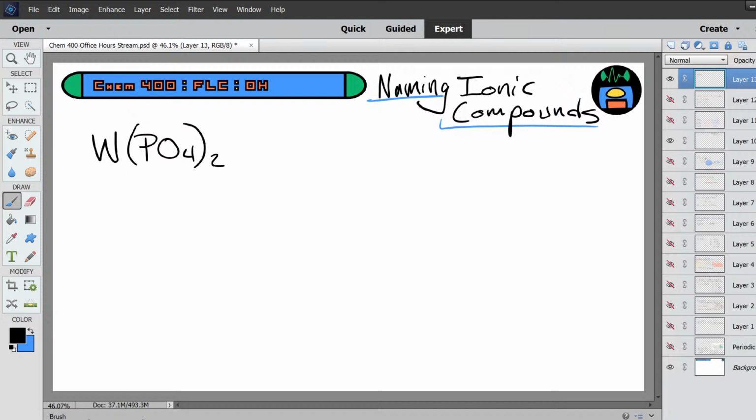All right. Our cation is W. This stands for the transition metal tungsten. And because it's a transition metal, its charge is part of its name. We need to go back and figure that out. So I'm going to put an open parentheses there to remind myself this isn't done when I name my anion.